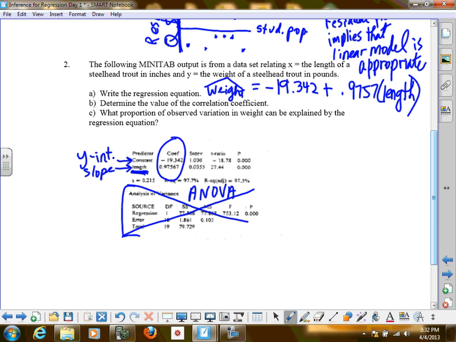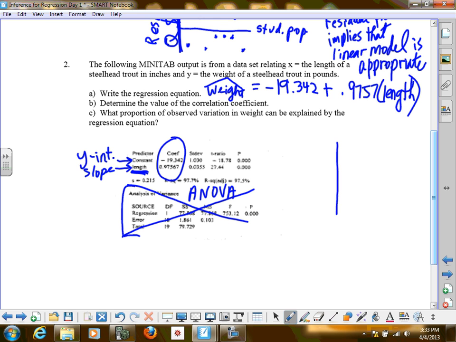No. The length of a 0 inch trout is not going to weigh negative 19 pounds. So you need to know that frequently the y-intercept is not a plausible value, and the reason is because that's typically extrapolation. Remember that word?